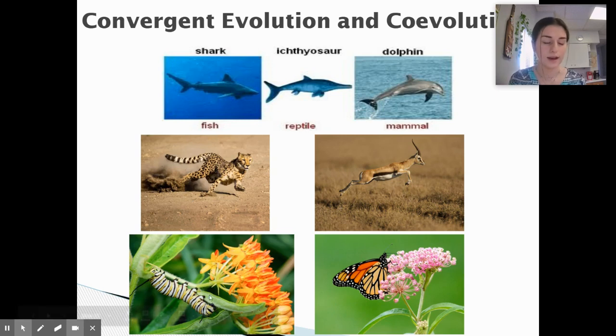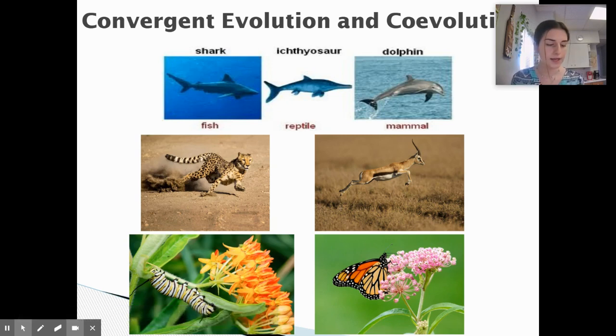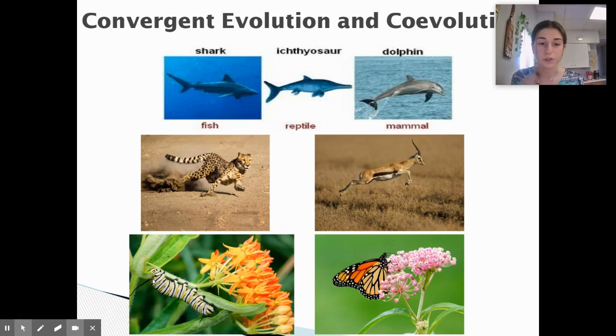Next, we have the monarch butterflies, or caterpillar, and the milkweed plant. For this one, the milkweed plant is poisonous, but the monarch caterpillar and butterfly have evolved to be able to eat this milkweed without dying.